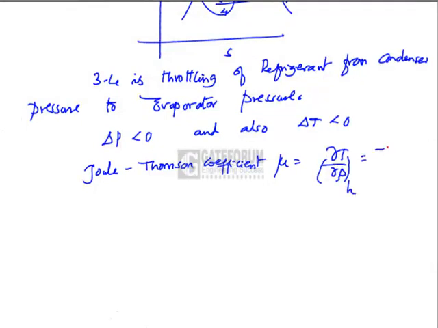It is negative by negative, which becomes positive for the refrigerant. The bottom line is the Joule-Thomson coefficient mu value for the refrigerant in the VCR cycle is positive.